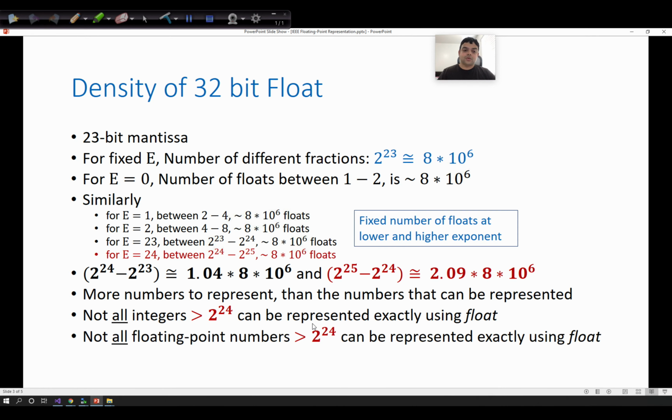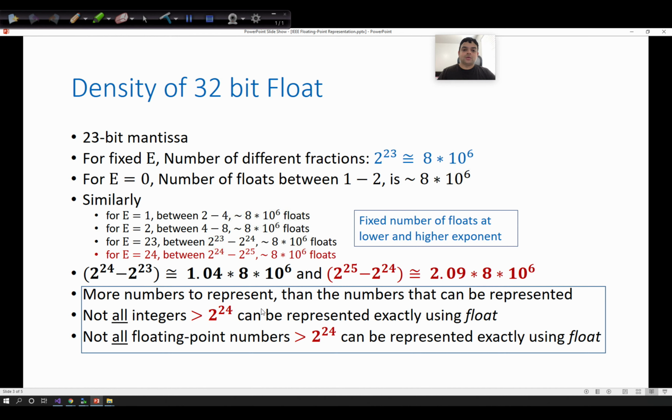This also means that not all floating point numbers greater than 2 to the power of 24 can be exactly represented using floats. So when you have numbers which have more than 8 significant digits, or a number greater than 2 to the power of 24, you need to use 64-bit double precision floats to not have any errors in the way the number is stored in a computer program.